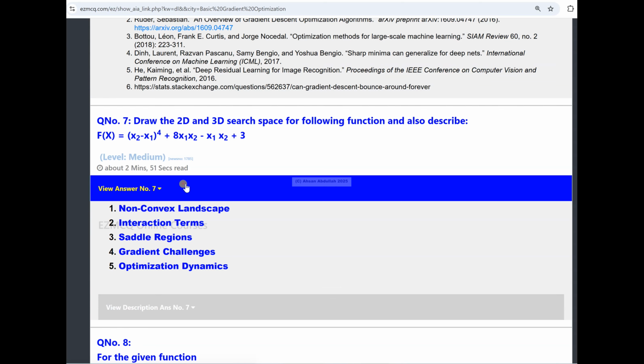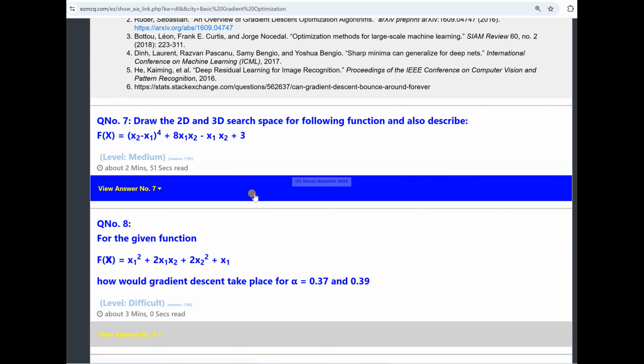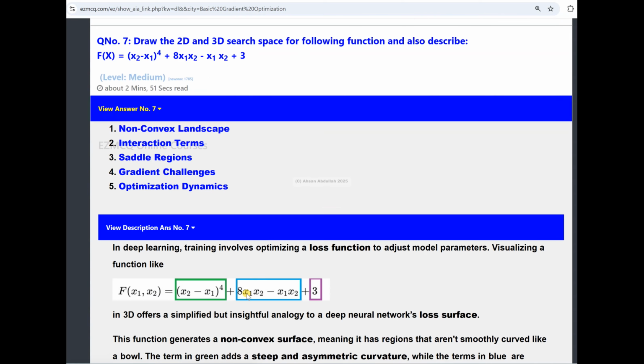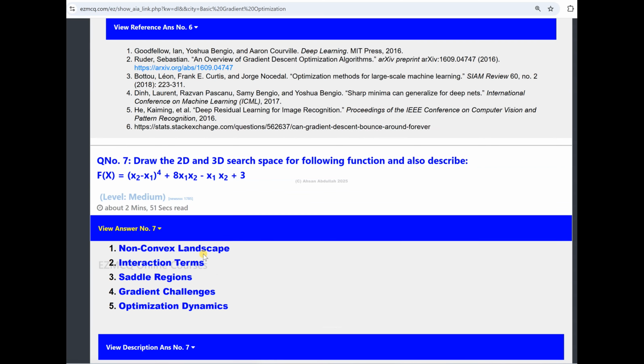Here are the three parts: this is the green part, this is the blue part, this is the purple part. We need to visualize this, and then we need to adjust the model parameters also. This function is going to generate a non-convex landscape.